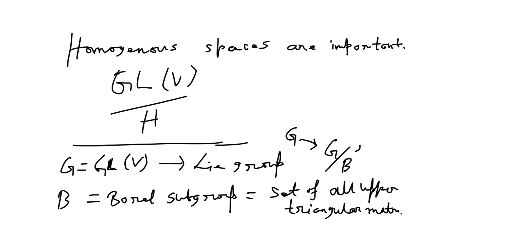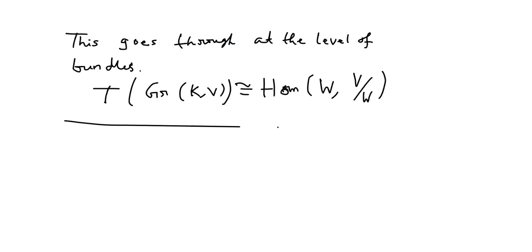So over G mod B, you have some interesting bundle. I'm not explaining what this is. This is some particular line bundle. I'm just giving some references so that you can look at these things in detail. These are very important, so you can learn it on your own.